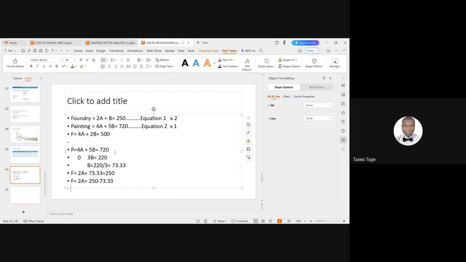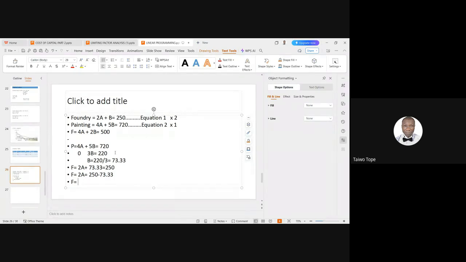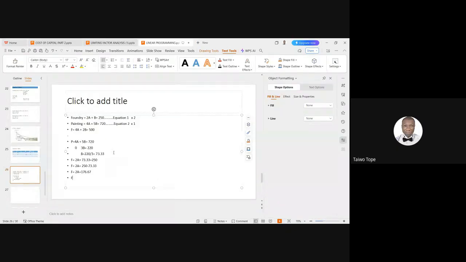The result will be 176.67. 2A equals 176.67, so I divide both sides by 2. A will be 88.34. Sorry, I'm jumping steps.